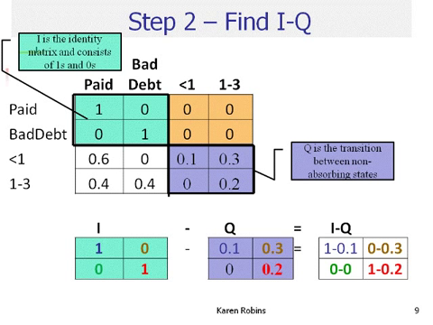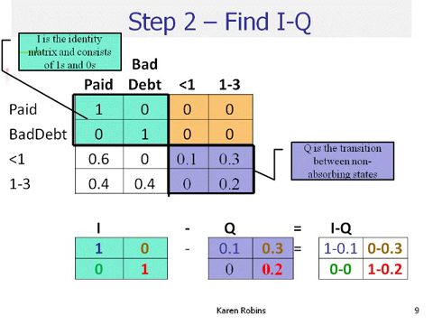We need to find I minus Q, where I is the identity matrix and Q is the transition matrix for non-absorbing states, so we take I minus Q for each of the cell positions.